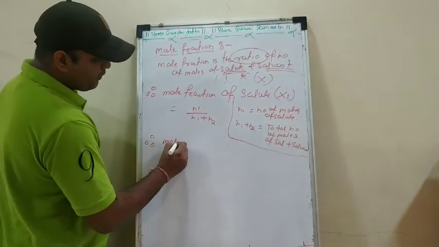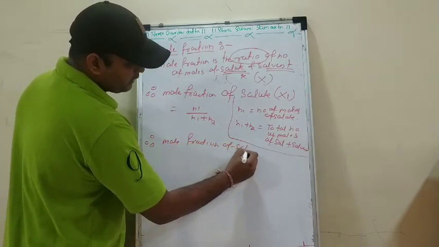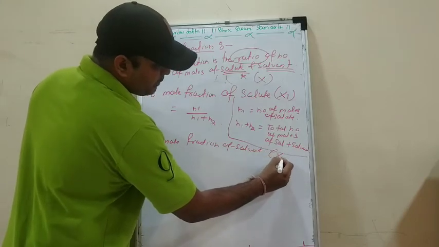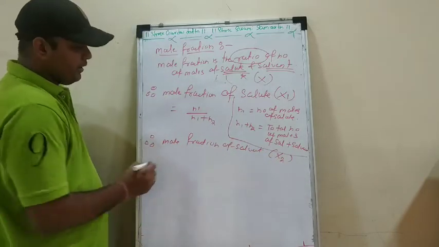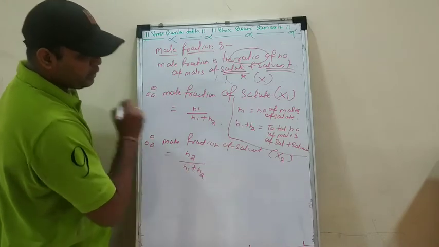Therefore, the mole fraction of the solvent is represented as X2. X2 will be N2 by N1 plus N2.